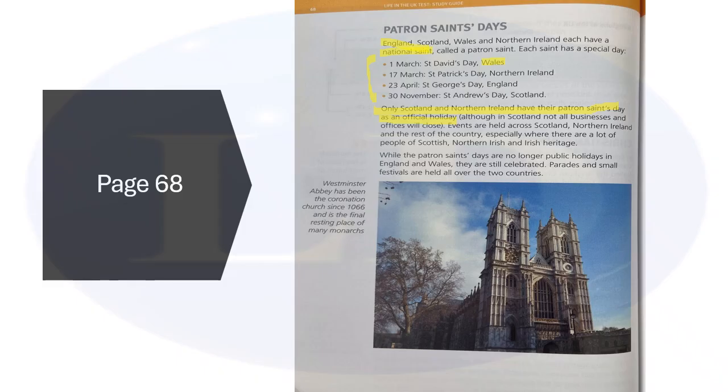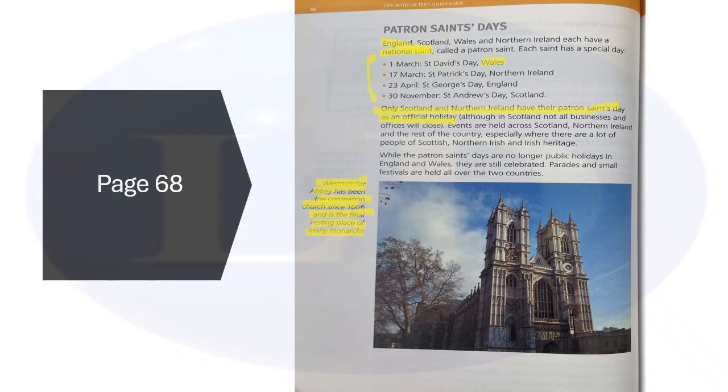While the patron saint's days are no longer public holidays in England and Wales, they are still celebrated with parades and small festivals. Westminster Abbey, this is important, has been the coronation church since 1066 and is the final resting place of many monarchs.